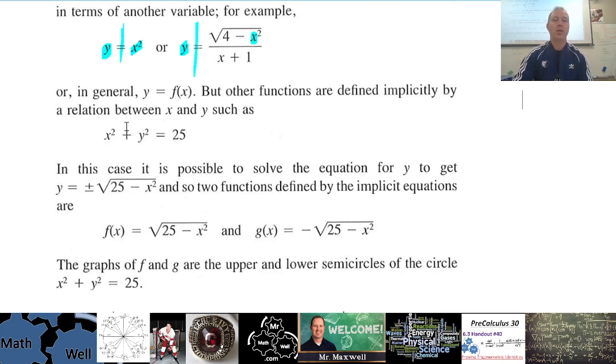We could do that. We could take the x squared over, so 25 minus x squared. We could take the square root of the whole lot. And then we have two separate equations, really. When you take the square root of something in the process of solving a math equation, you have to consider both the positive and the negative options there. So really, we get two explicit equations here.